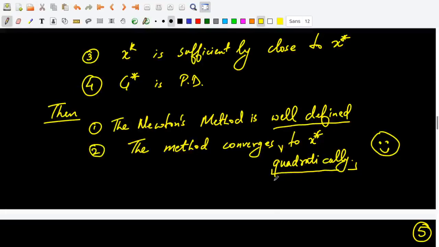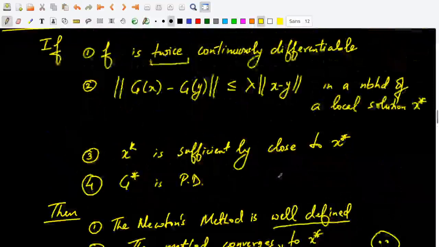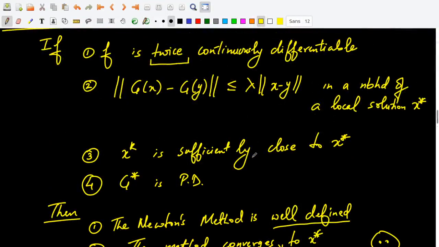However, these conditions are a bit restrictive, and real life problems or the general nonlinear problems may not satisfy these assumptions, especially this assumption about being close to x star.